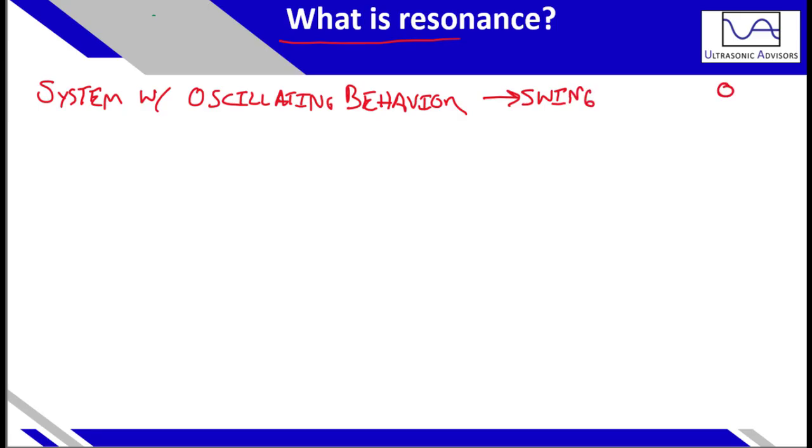So you have some type of pivot point, and then you have your swing here, and you have a child sitting on it, and they go back and forth.